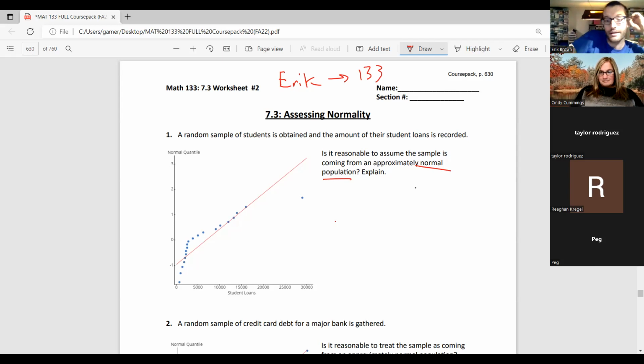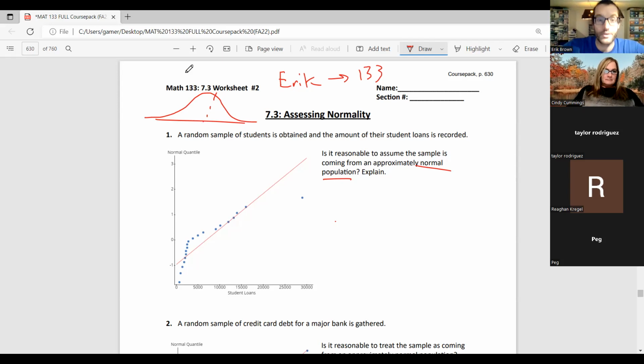So what that means is we've got a data set. In this case, it's student loans, the amount of money a student borrows. If that's normally distributed as a population, then when we collect a sample, we can make an inference about the mean amount of student loans that all students take.